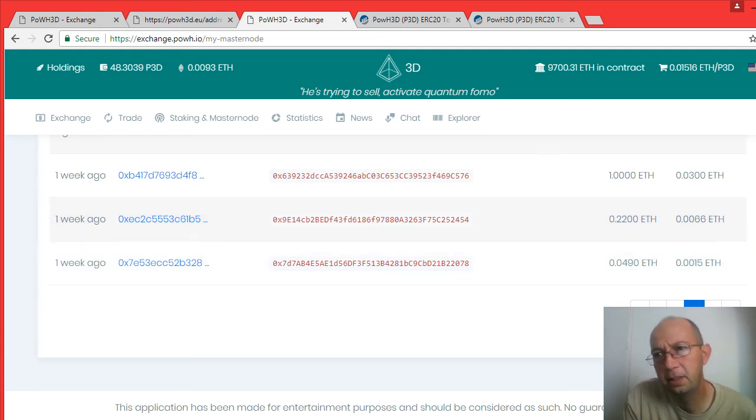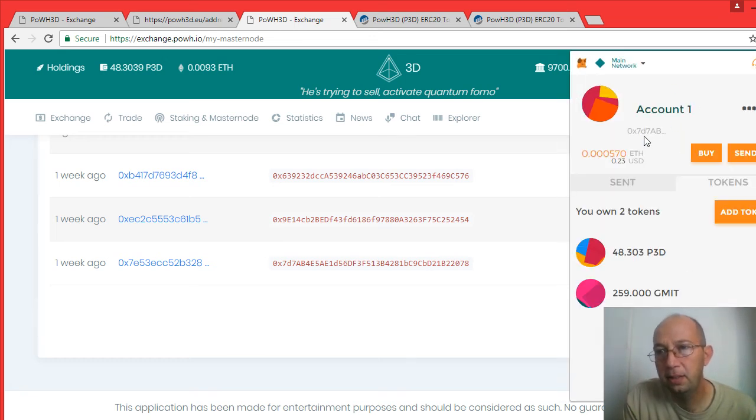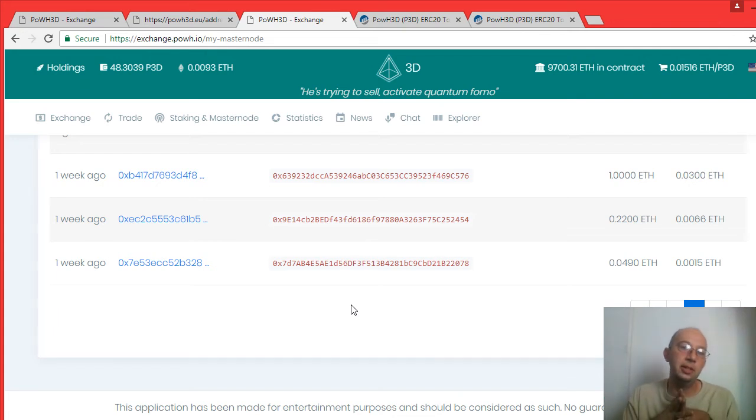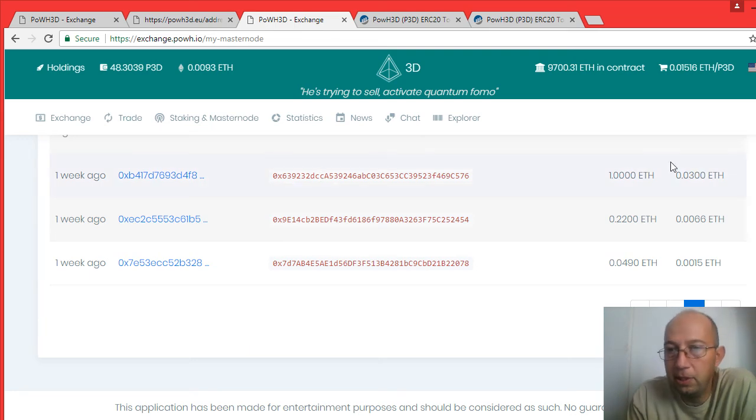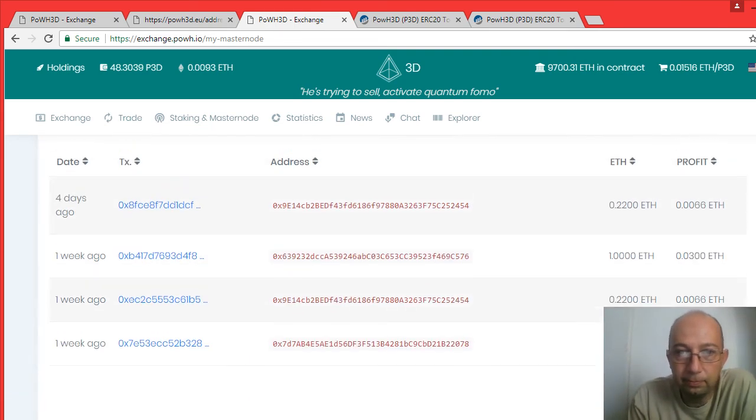That sounds familiar. Oh yeah, 7D, 7AB. So you can use your own referral link. It doesn't work for reinvestments, okay? It only works for first-time buys. You have to have 5 of the P3D coins in there to use it.